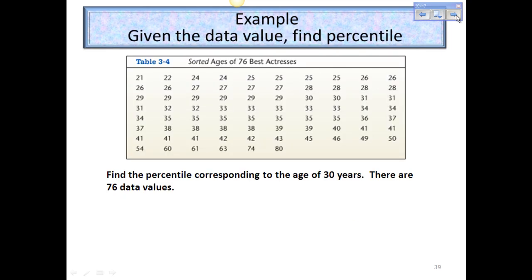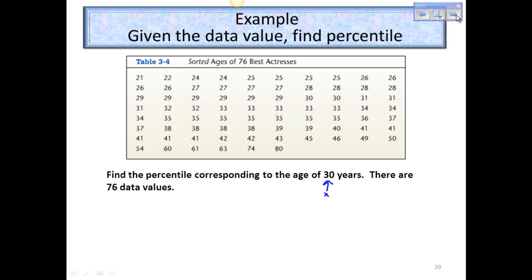So, going back to our set of ages for the 76 best actresses, we have a table here now where they have been sorted. We're going to be given a data value and asked to find the percentile. So find the percentile corresponding to the age of 30 years. So there is our x. And we're told there are 76 values.